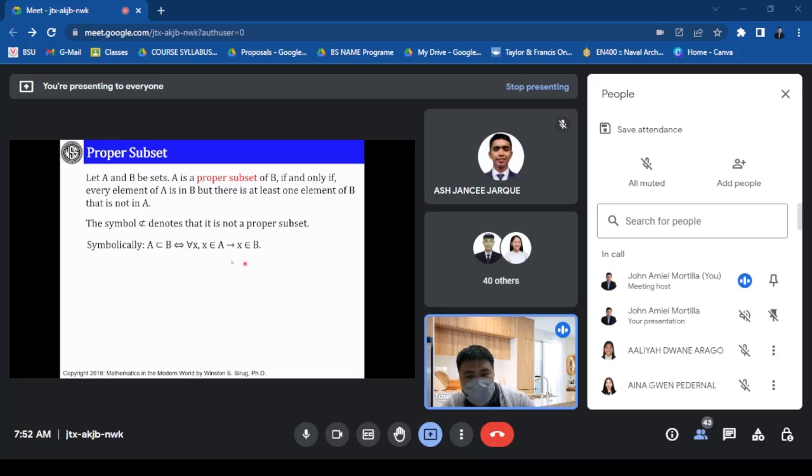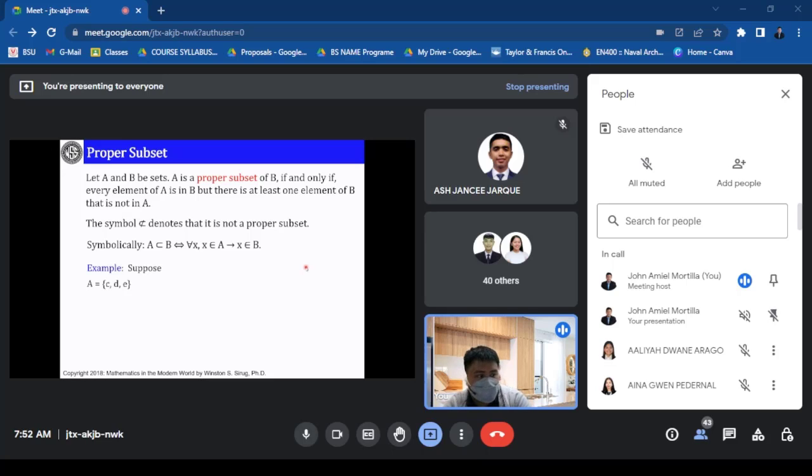Symbolically, A is a proper subset of B if and only if for all X, X is an element of A implies that X is an element of B.